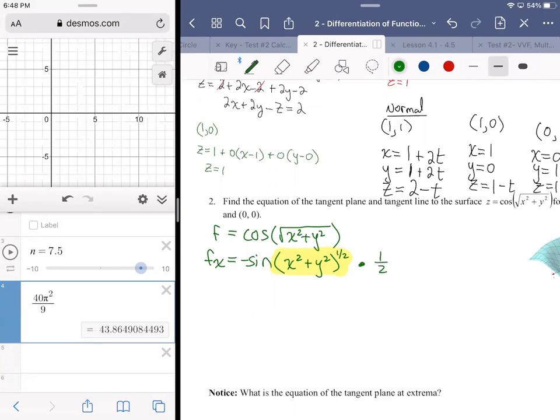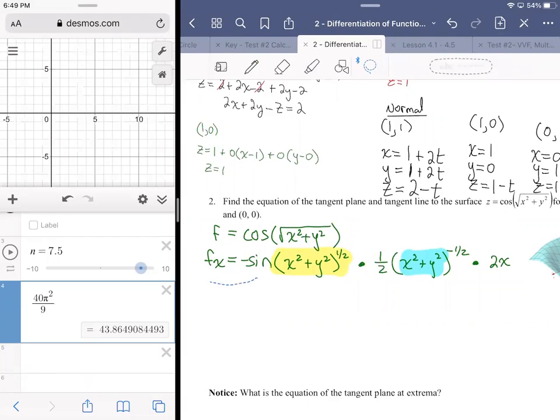So it's going to be 1/2, still chain rule, work around the inner function, x squared plus y squared to the negative 1/2. Then we take the derivative of the inner function, in this case with respect to x. So 2x, the y part of it goes to 0.